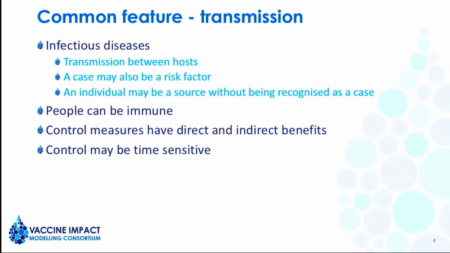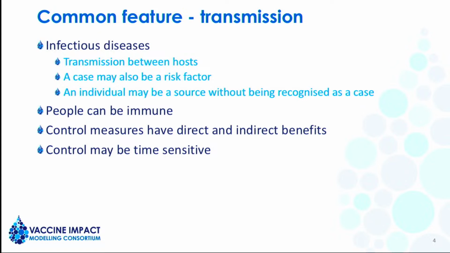So a couple of other things that we'll include in these models or start thinking about are people can become immune. Obviously, this is disease specific, or if you're thinking about other kinds of species, maybe this is not the case. With these sorts of dynamic models, control measures can have direct and indirect benefits.